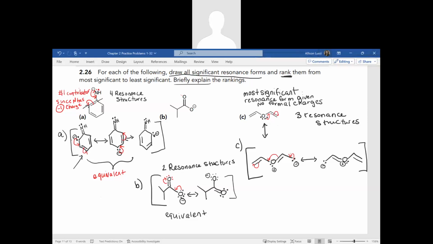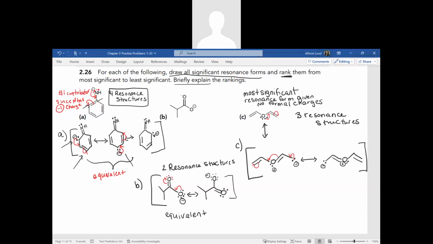And then there are two more movements of electrons, two more resonance structures in addition to this first resonance structure drawn. So we have a total of 4 resonance structures for this first compound, and we'll see the movement from a lone pair over here to form a double bond, and then a double bond to form a lone pair.